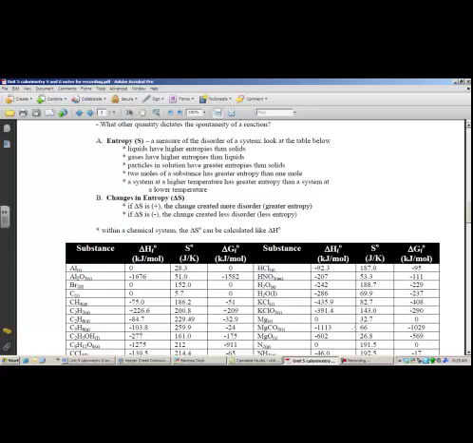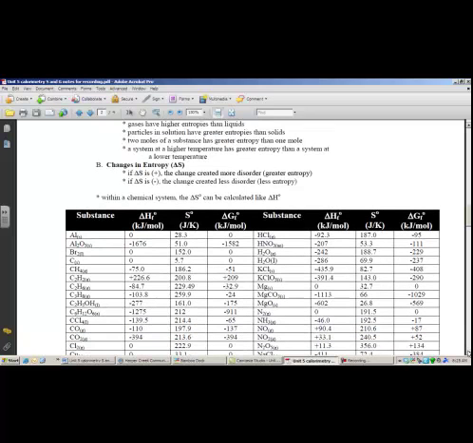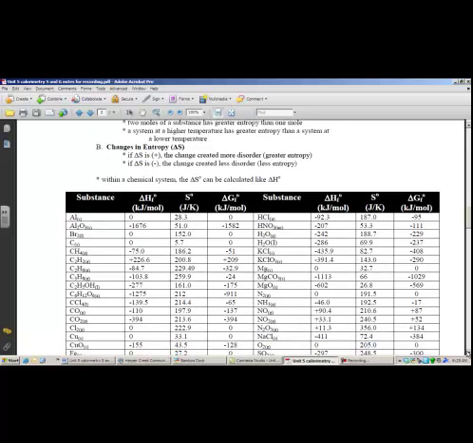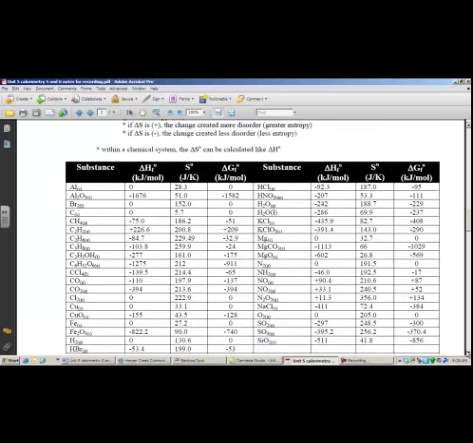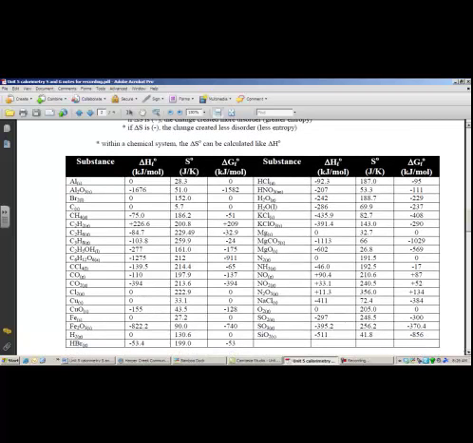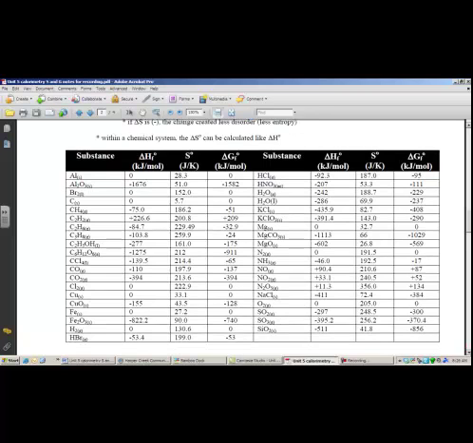This right here is a thermodynamic chart, much like the one in the back of your book. For the following 3 questions, you can use it to calculate changes in entropy as well as enthalpy. So we'll be flipping back and forth.